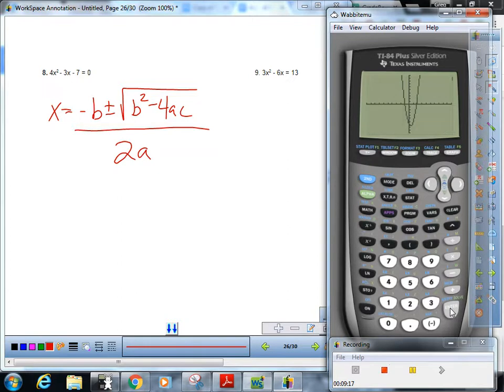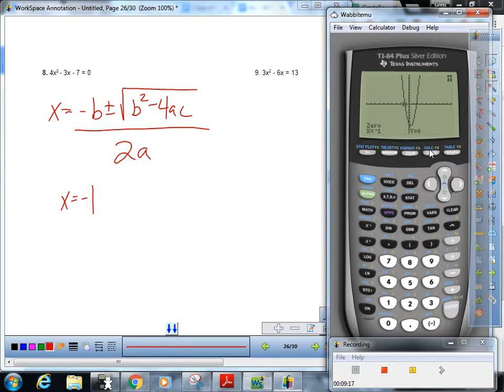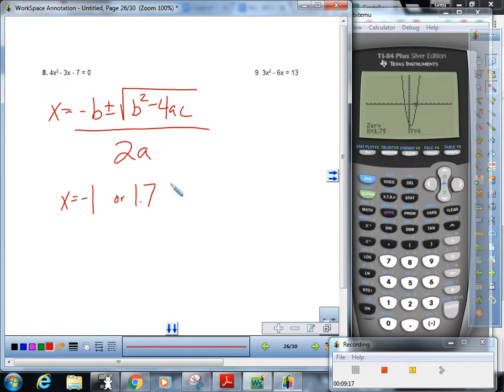One of the answers is -1. Okay? And then let's do that same process again. Calculate the zeros. Hit enter. Hit enter. Hit enter. And the other one is 1.75. And notice you wouldn't have been able to find that one on your table.